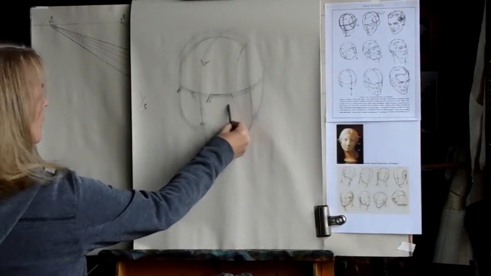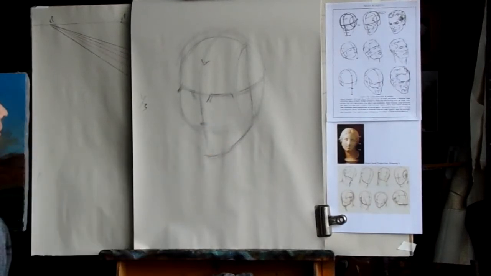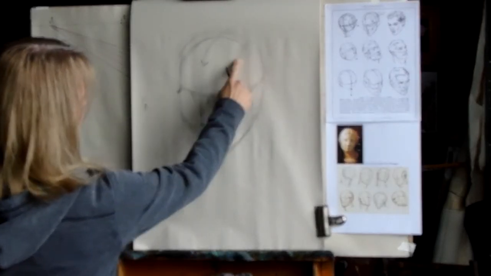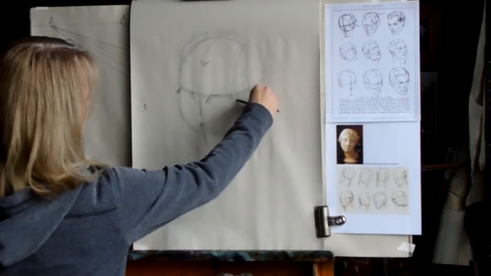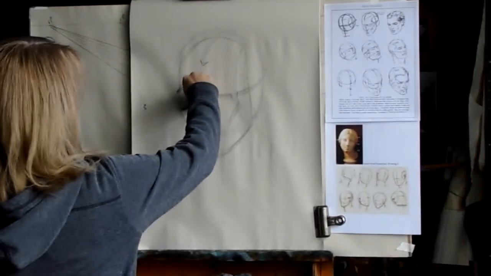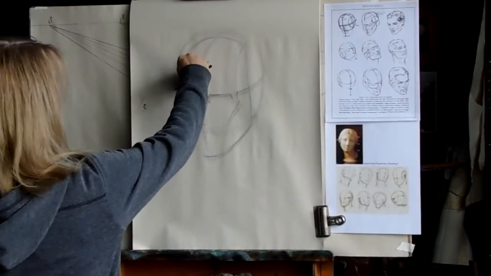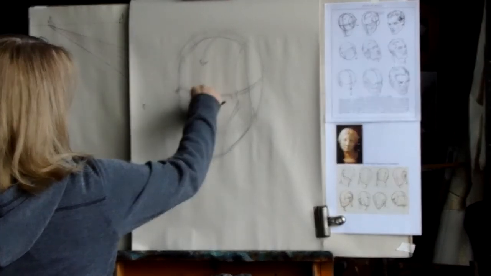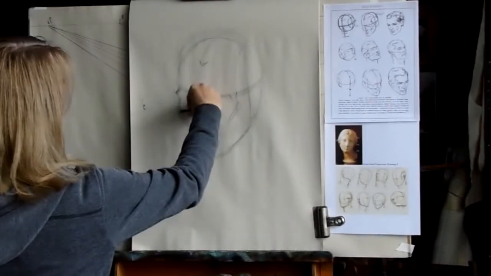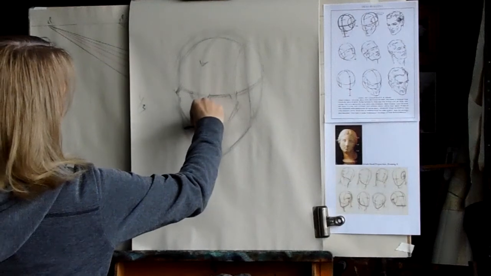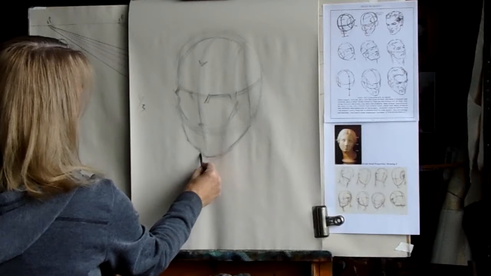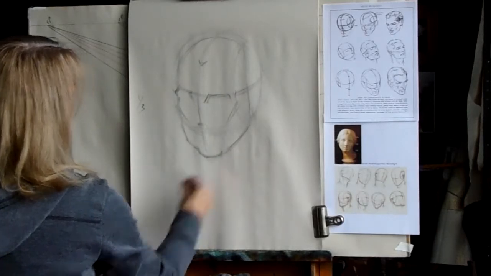And this gives you the space where the orbs of the eye will be. I also found that this plane is coming around like this, that you can build your cheekbones on that, where that curve is. And then I'm going to come on this side and see where my jaw is, down to my chin. My chin's going to cut in front of that jawline.